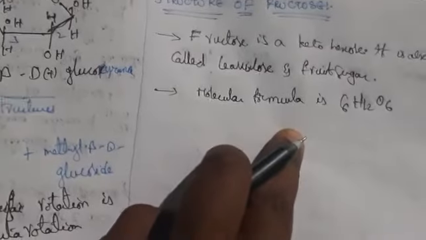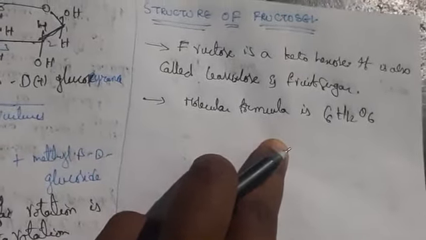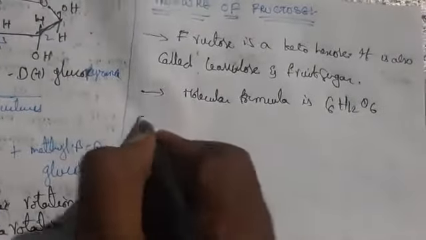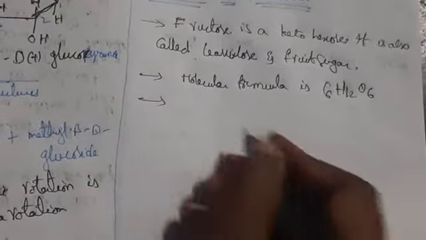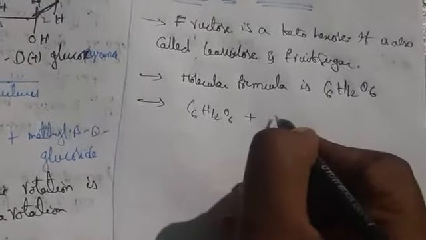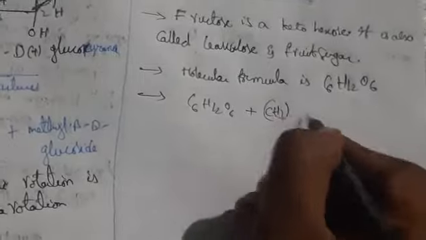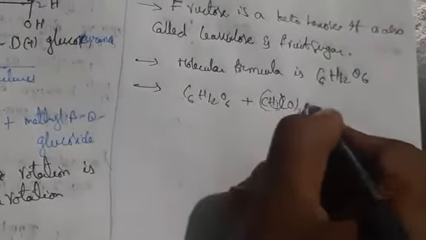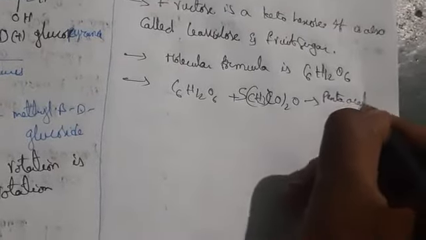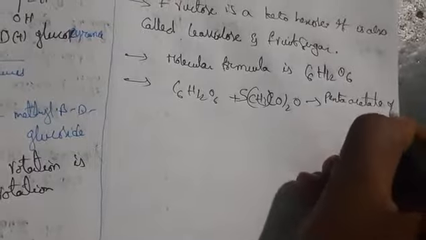Now, what are the functional groups present? When fructose is reacted with acetic anhydride, (CH3CO)2O, 5 molecules react and it gives the pentaacetate of fructose, similar to the glucose structure.